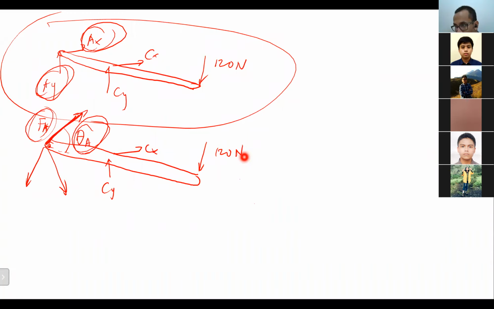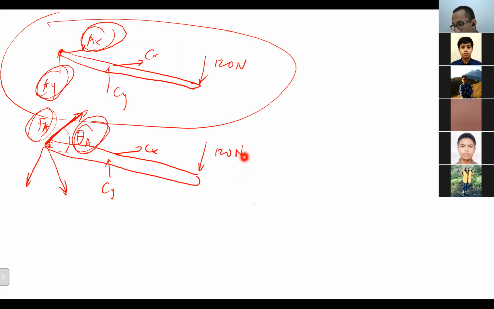Do you get it? So actually at point A here, the unknowns are the magnitude and the direction of the total force which is happening at point A. Do you get it? That's it.